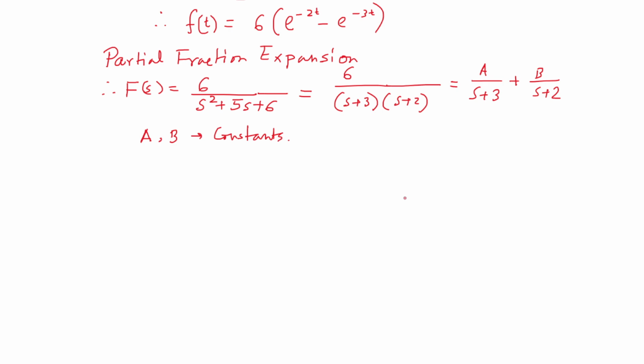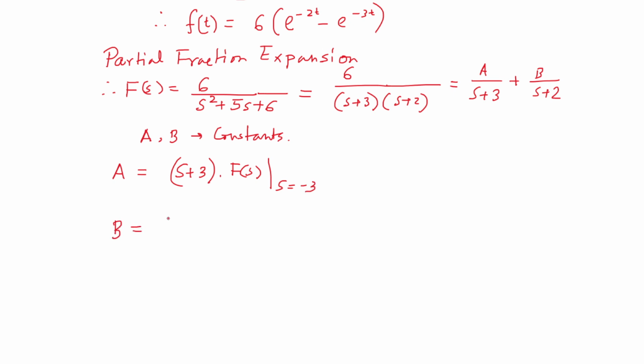So what is the value of a? A should be equal to s plus 3 into Fs at s is equal to minus 3. And what is the value of b?